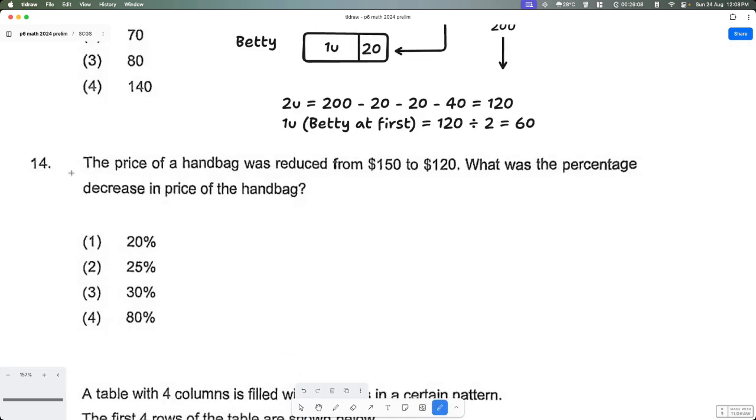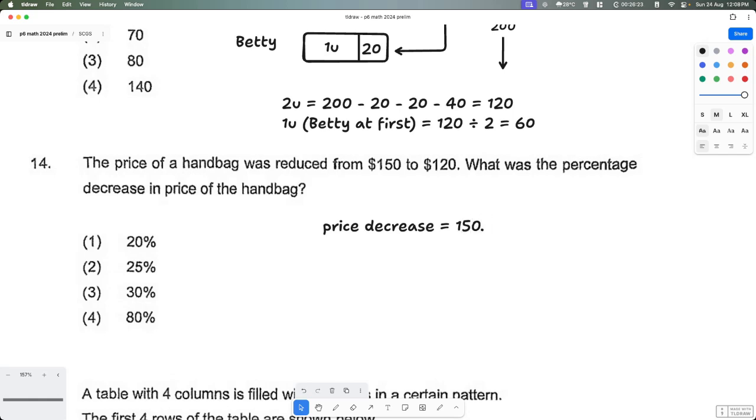Question 14. The price of the handbag was reduced from 150 to 120. What was the percentage decrease in the price of the handbag? So price decrease is equal to 150 minus 120. This will give us $30.